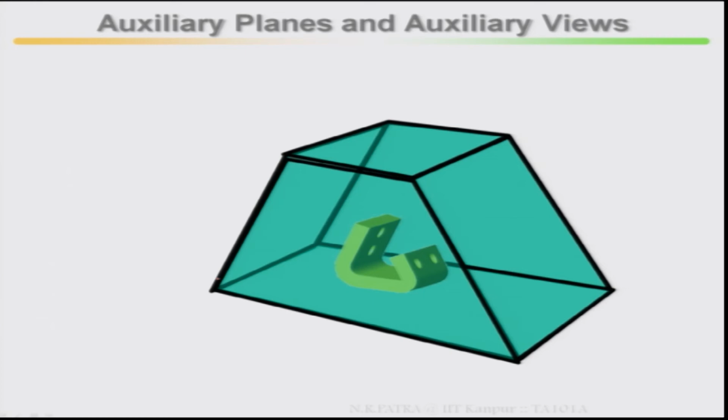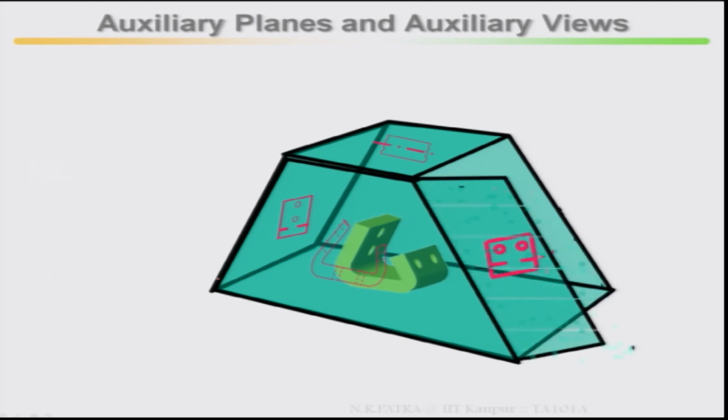Put this object inside a cube, put this object inside this box, then project it back, this is your front; project it back, this is your profile or side view; this is your right hand side view, this is your left hand side view; project it to the top, this is your top view.